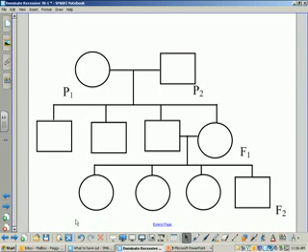Let's read the problem. You read it to yourself as I read it aloud. Show a cross, remember that's genetic cross, one of those definitions you need to know, between an inflated pea pod. Now look what I have after inflated pea pod. Those are actually two capital I's. What would that represent? Not recessive, purebred dominant.